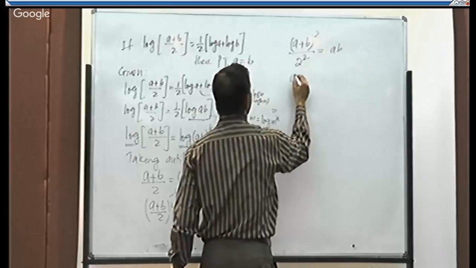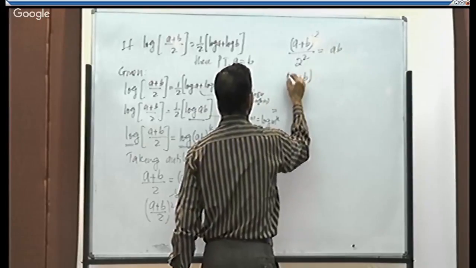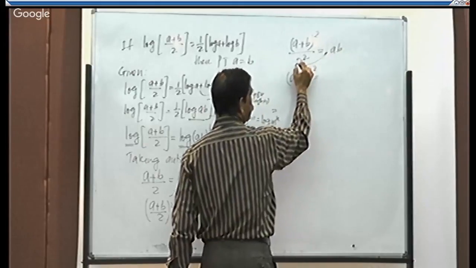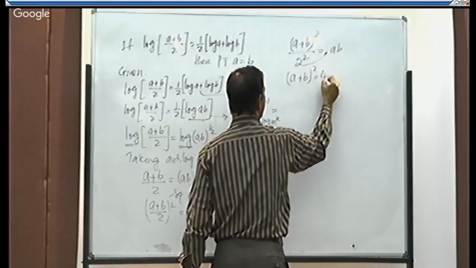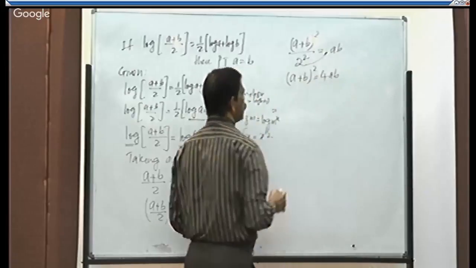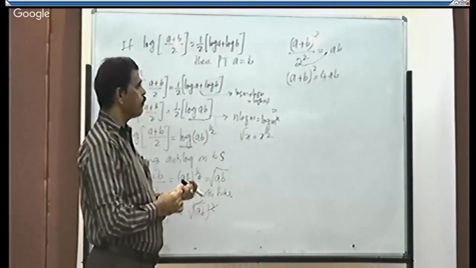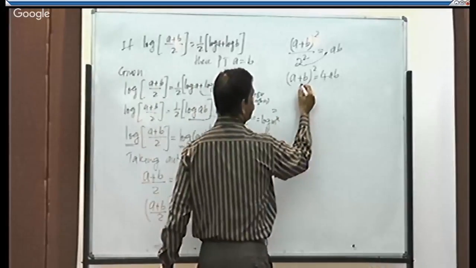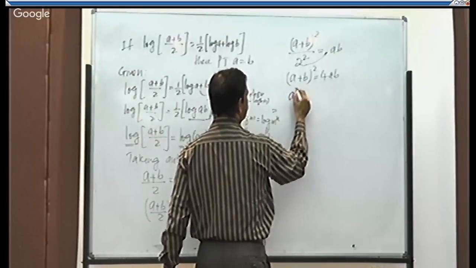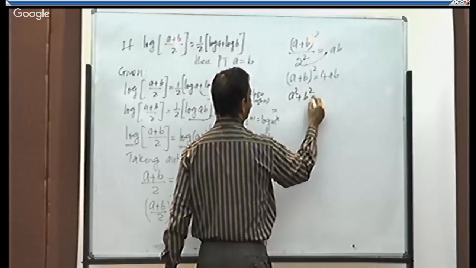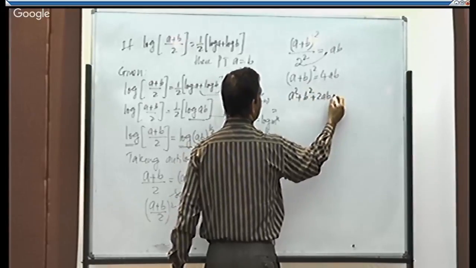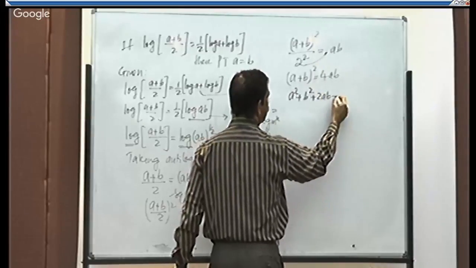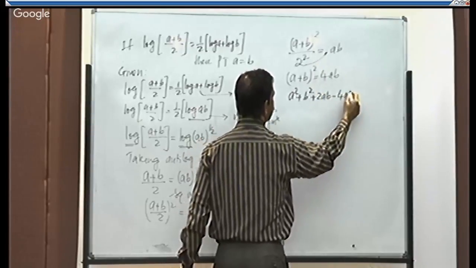Cross multiply: 2 square is 4, so (a plus b) whole square is equal to 4ab. Expand the formula: a square plus b square plus 2ab is equal to 4ab. Take the 4ab to the left side, it becomes minus 4ab.